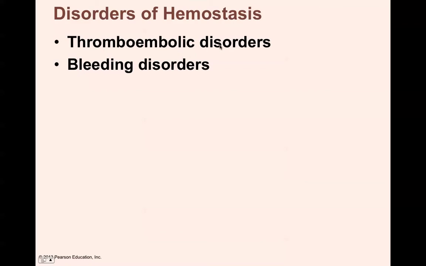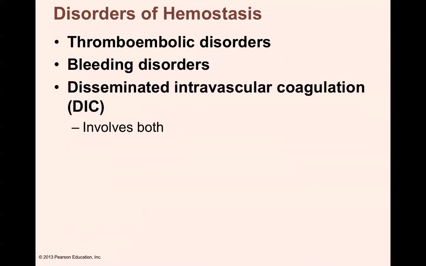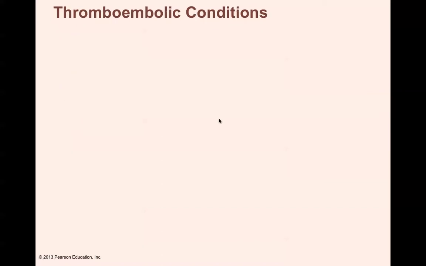So a thromboembolus in the bloodstream is dangerous. There's also a bleeding disorder where the person is not able to form clots and can bleed to death. And then there's another disorder called disseminated intravascular coagulation, abbreviated DIC, that involves both.